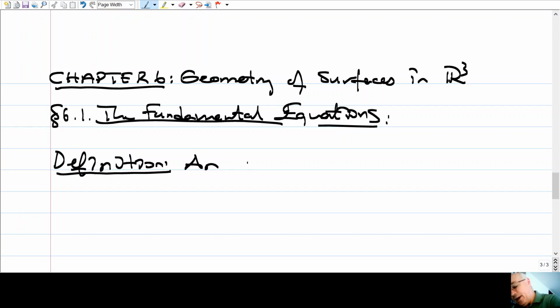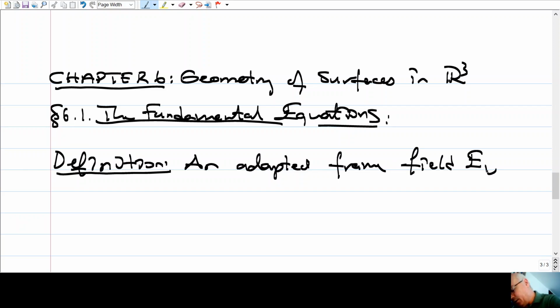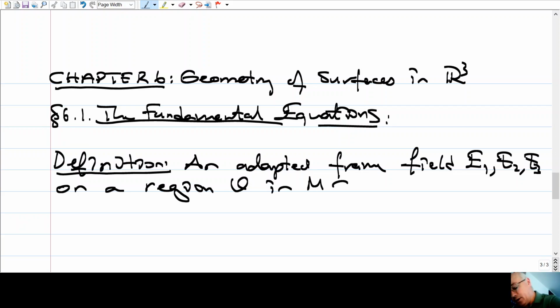An adapted frame field E1, E2, E3 on a region O in a surface in R3 is a Euclidean frame.